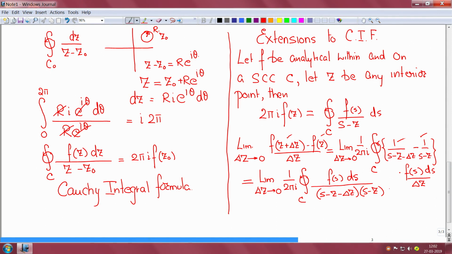I have taken an LCM of this and brought f of s ds on the top. The LCM just gives me delta z on the top, which cancels with this delta z in the denominator here.